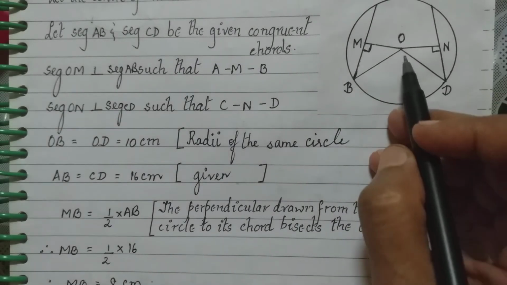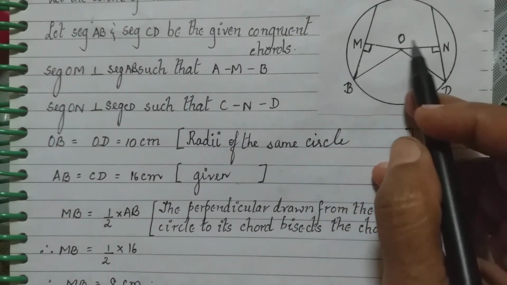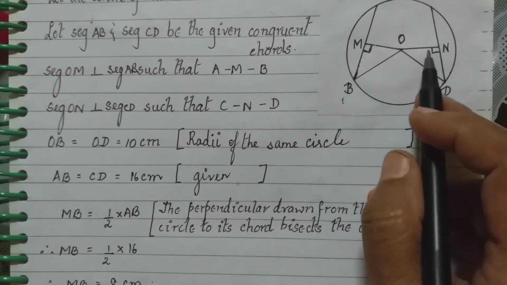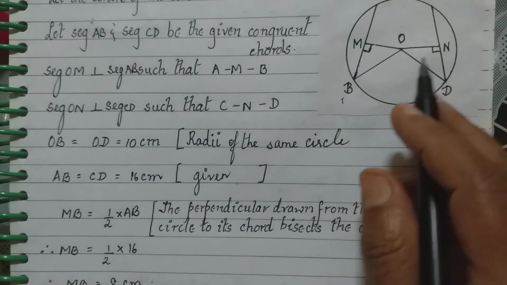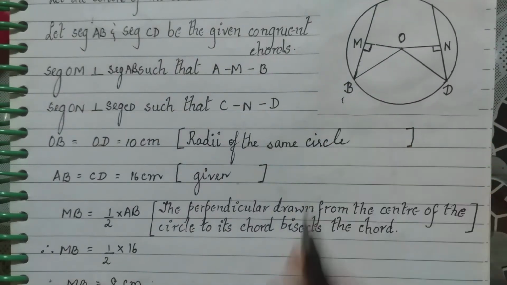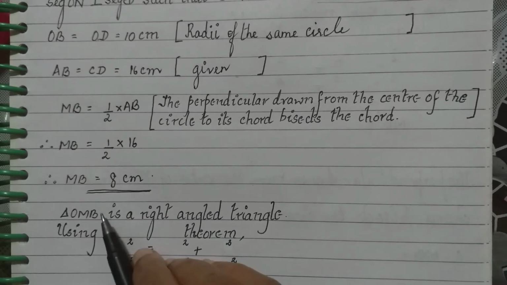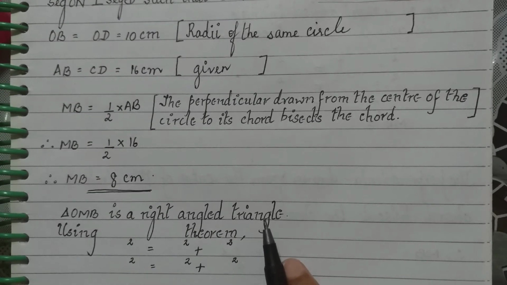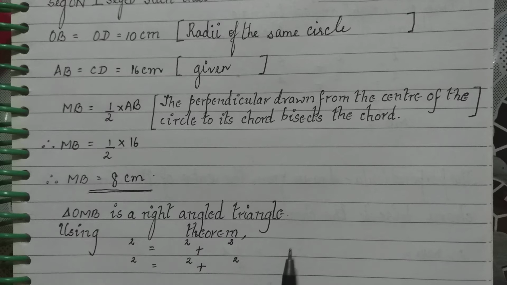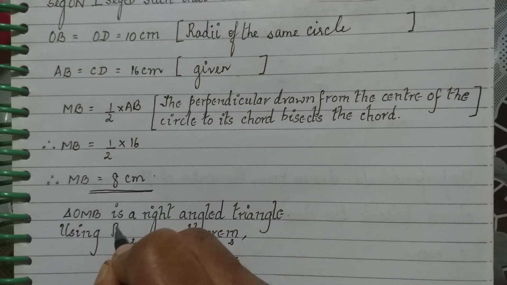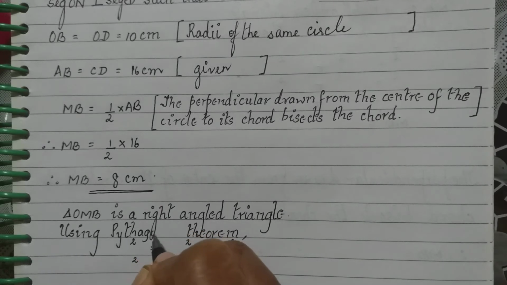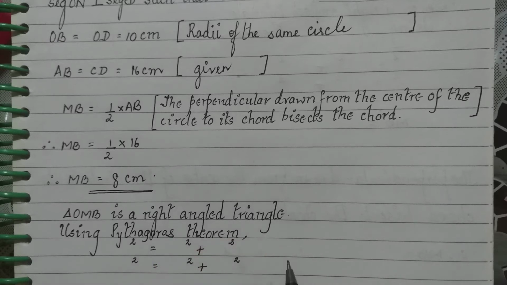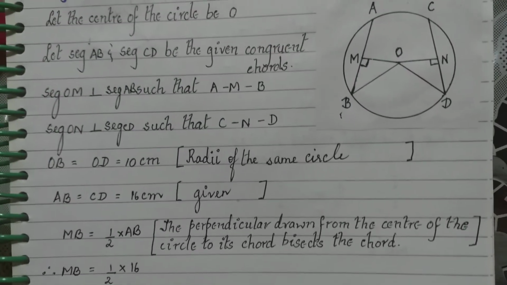Now what do we do? We take this triangle here, triangle OMB. Since OM is perpendicular to AB, triangle OMB is a right angle triangle. So we write it. Triangle OMB is a right angle triangle. And when we have a right angle triangle, the theorem which we use is Pythagoras theorem. So using Pythagoras theorem, we look at the figure again.